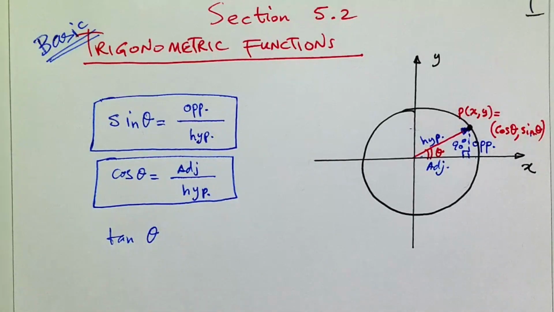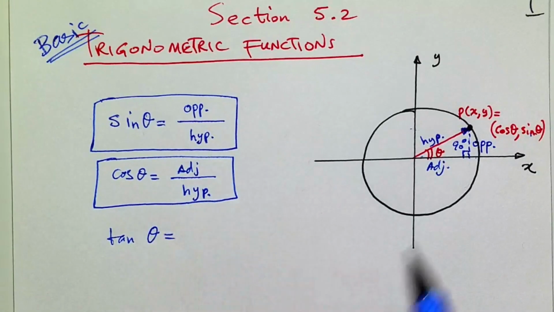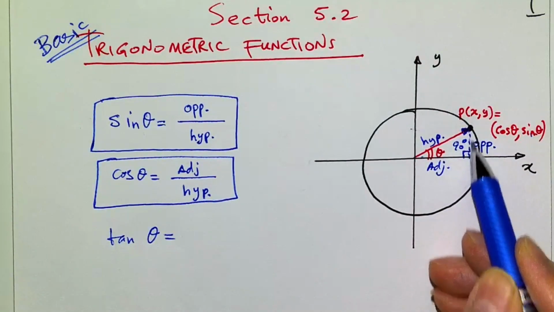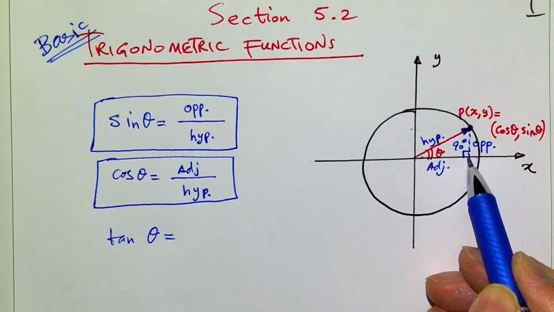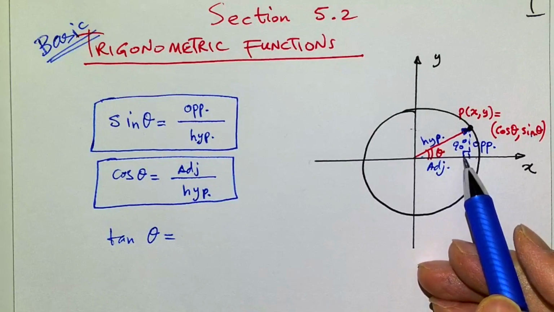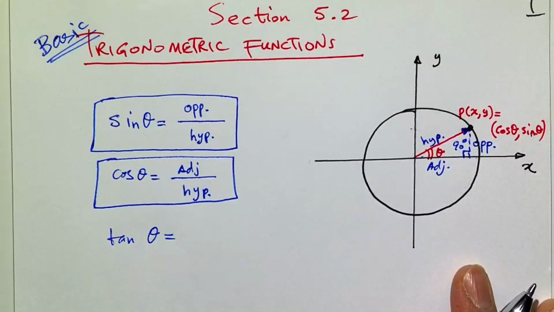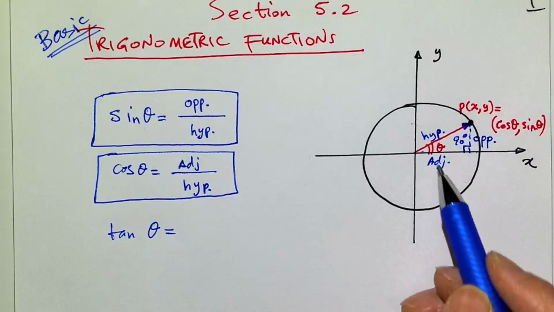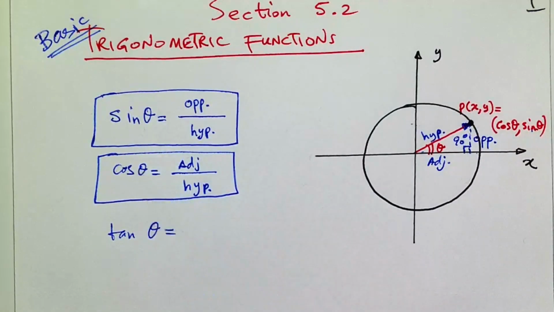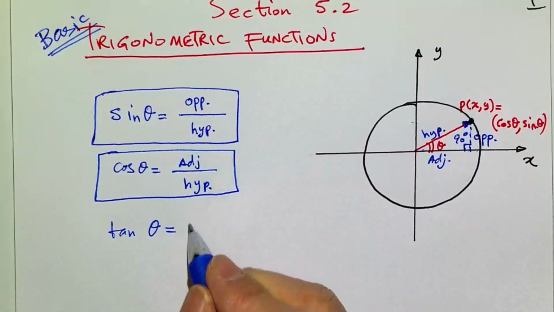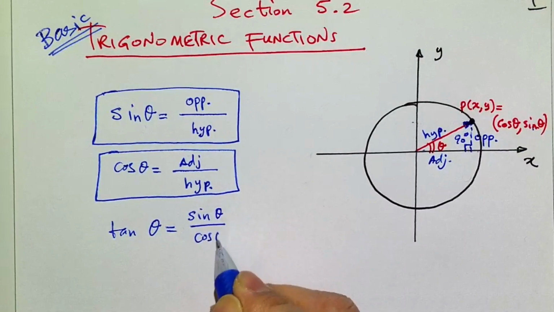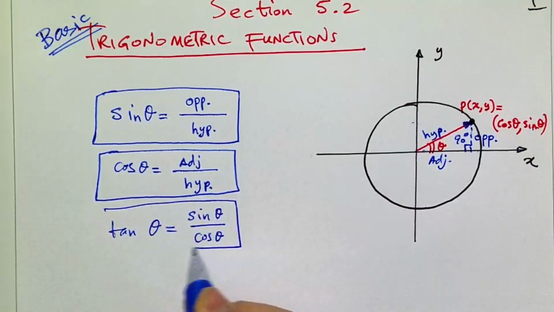So tangent of theta is equal to the opposite side divided by the adjacent side. You can look at it that way. But at the same time, more valuable is to think of it as the ratio of sine divided by cosine. So sine of theta divided by cosine of theta is the tangent function.